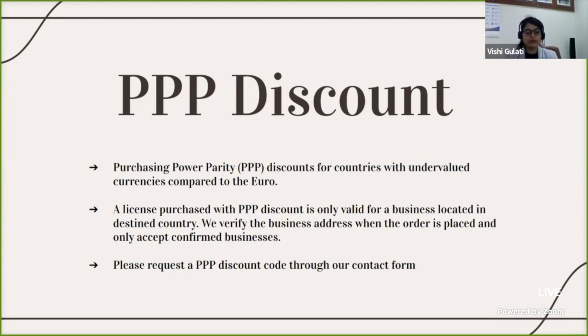From the contact form, they provide you the discount. If you are from a country, you can use that coupon only for that country, so only merchants of that country can utilize it. It's up to them whether they provide you that discount or not, because they validate your business address.